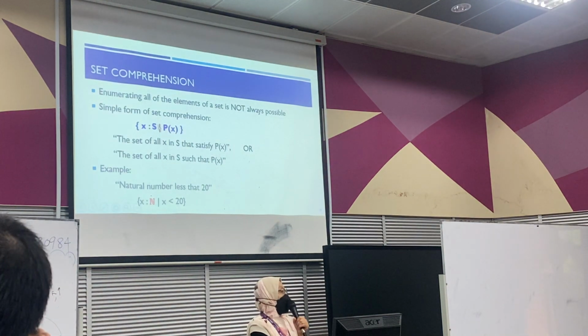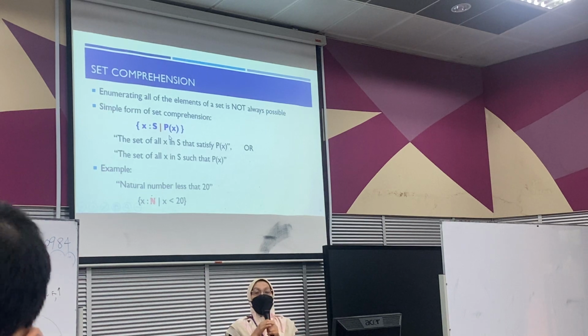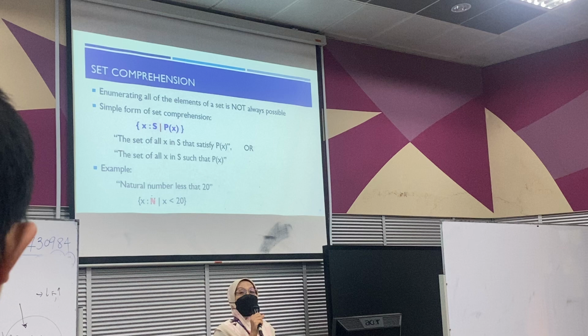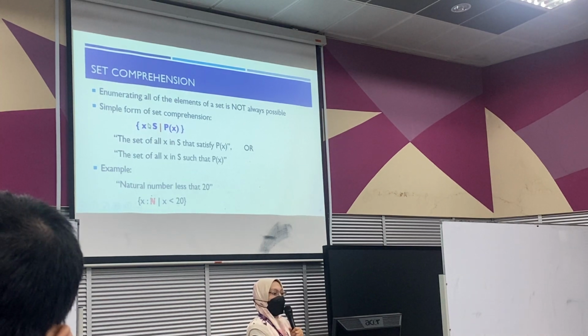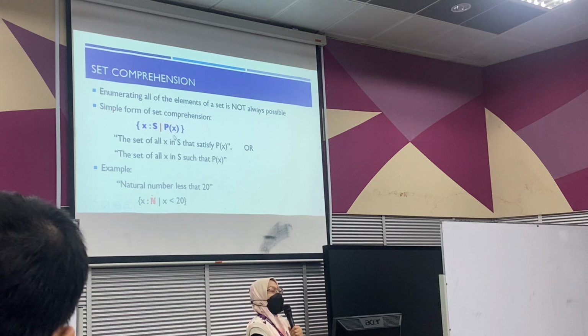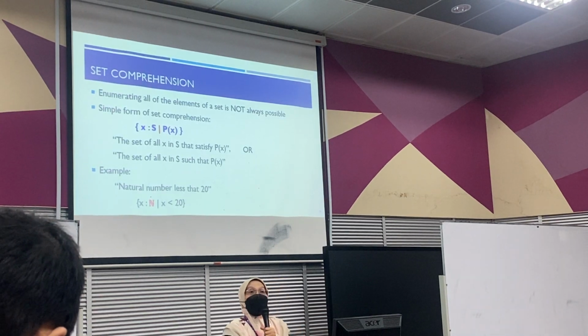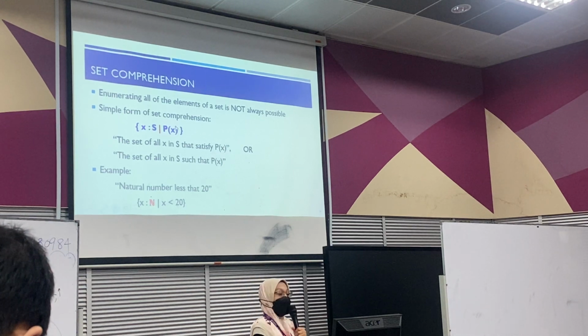Then you have the bar, and then the second part is the predicate part, or sometimes can be constraints, or can be function. Normally, if you have a bar like this, the second part will be more on the constraint, the condition. So the simple form is like this.